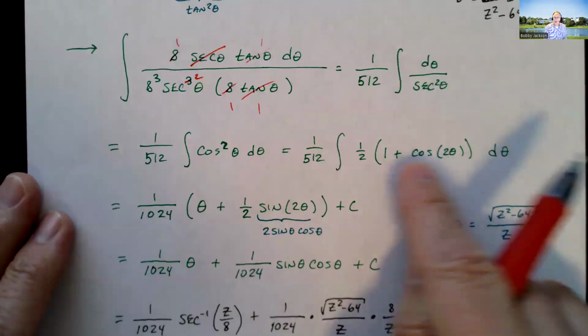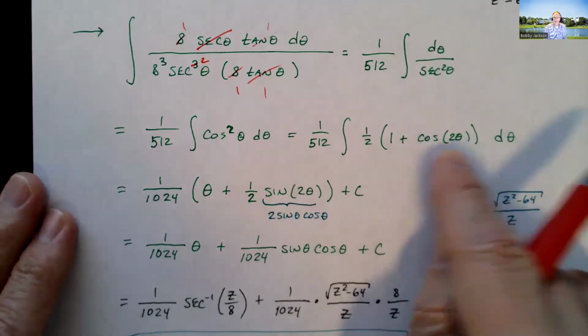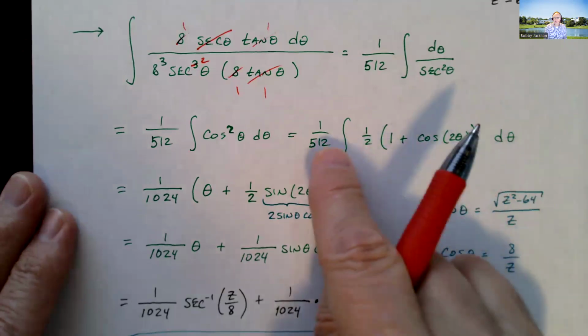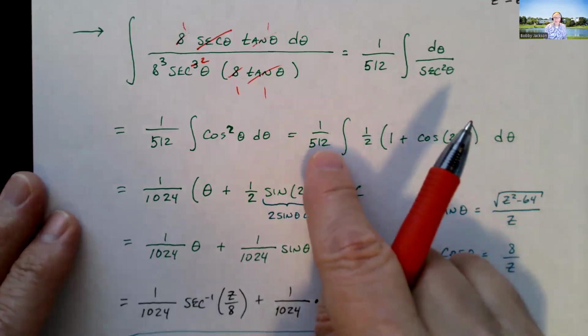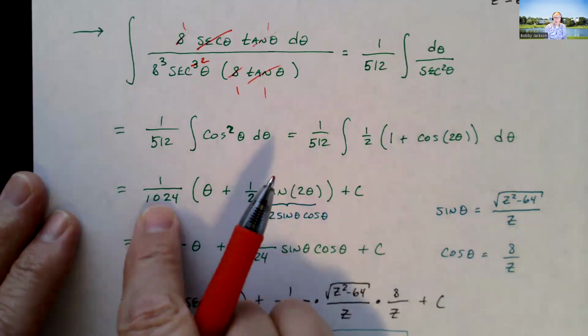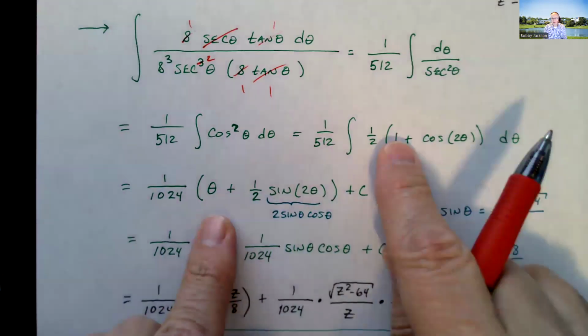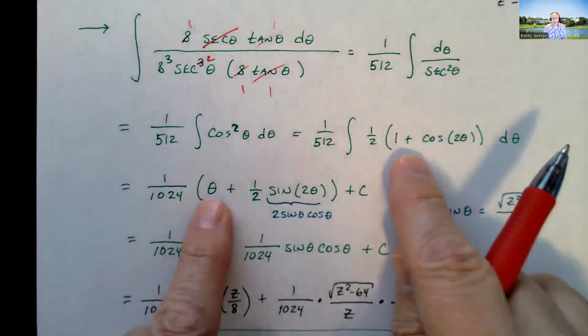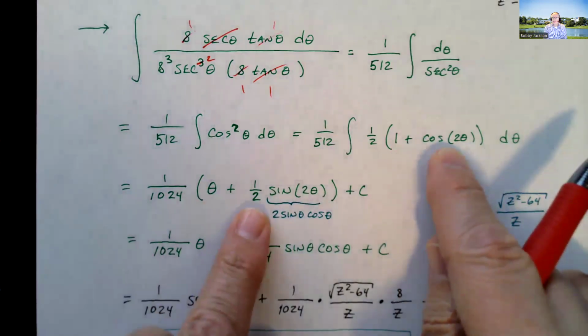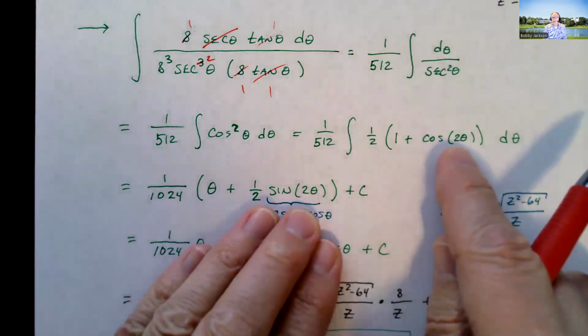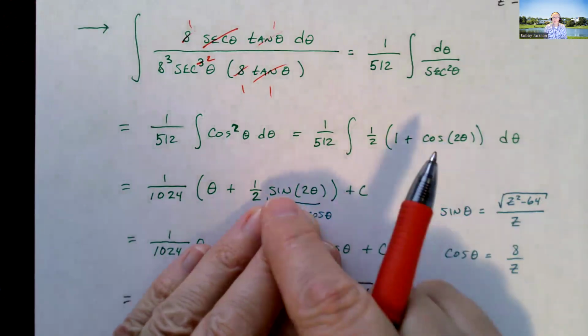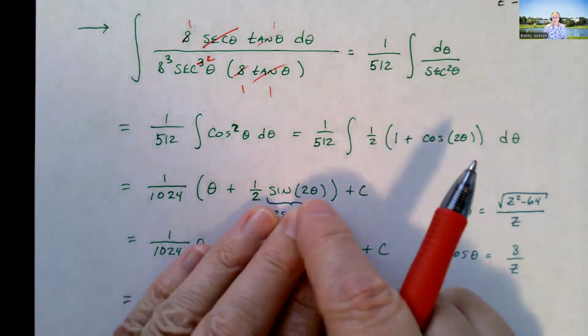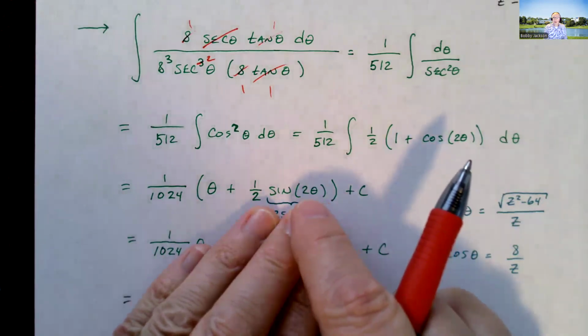And now I can find the antiderivative with a simple substitution. 1/2 times 1 divided by 512 is this quantity. The antiderivative of 1 with respect to theta is just theta. And then the antiderivative of cosine of 2 theta, with a little substitution, is 1/2 sine of 2 theta.